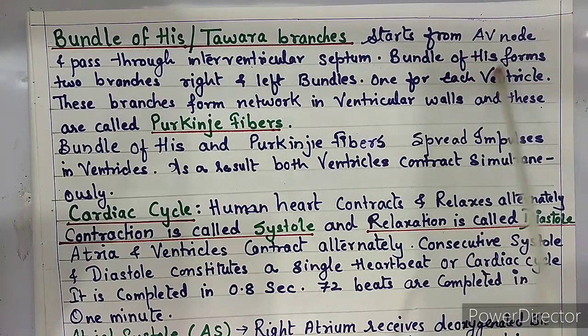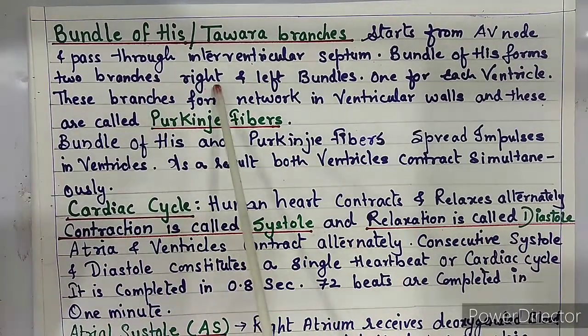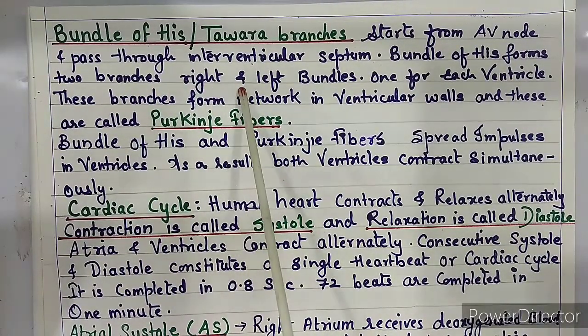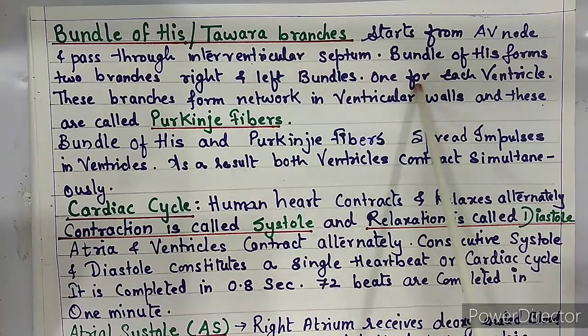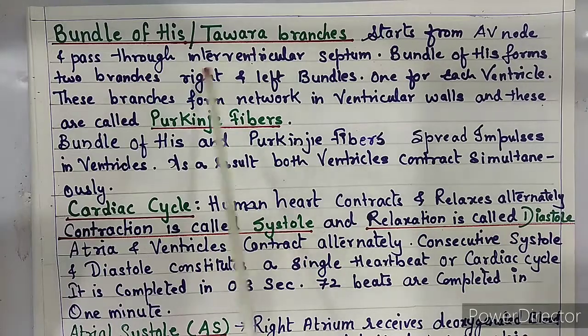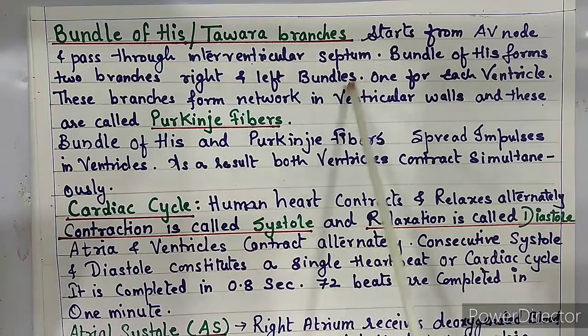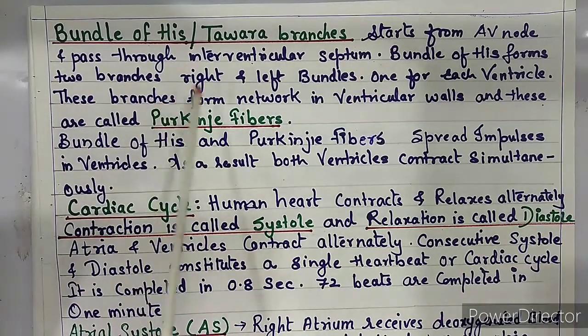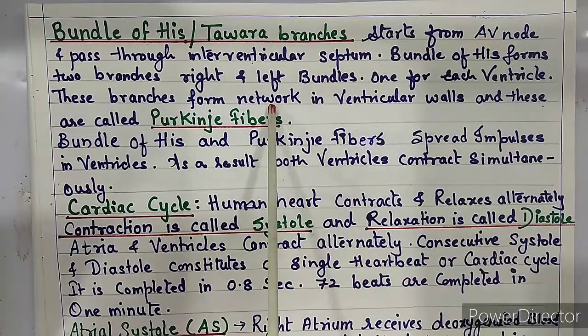Bundles of His form two branches, one towards the right half and the other is the left bundle. One for each ventricle. The right bundle goes to the right ventricle and the left bundle goes to the left ventricle. These branches form a network of fibers.